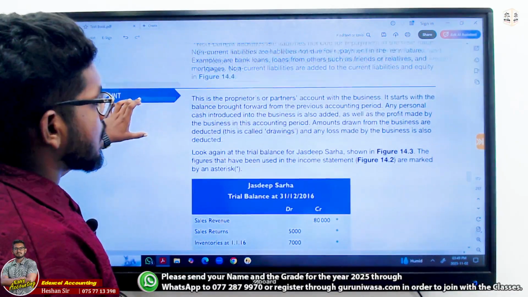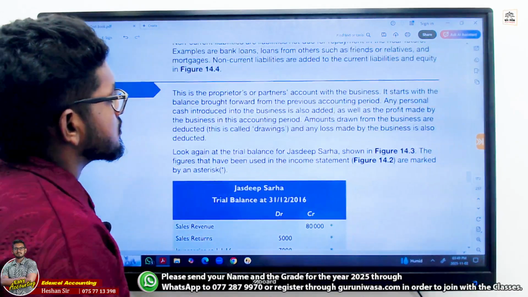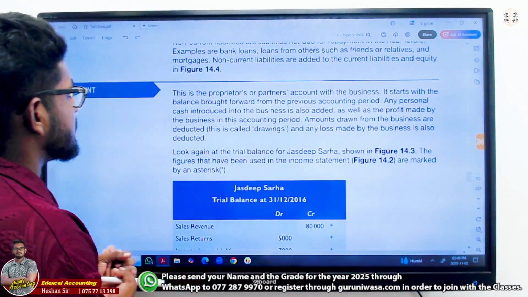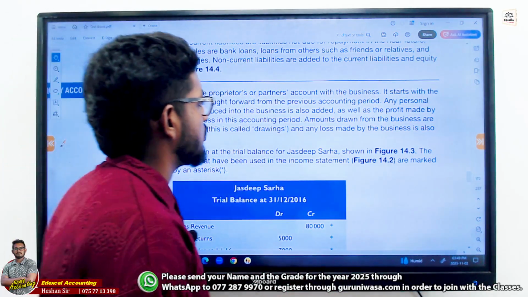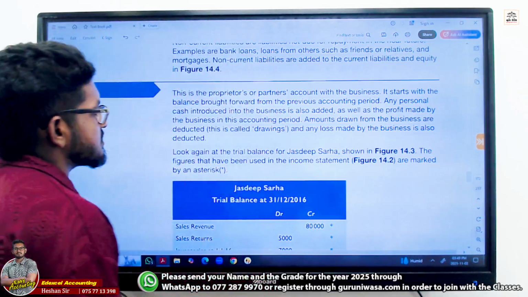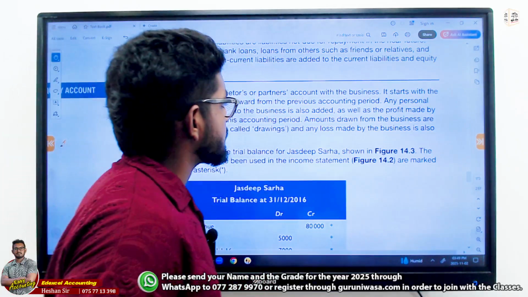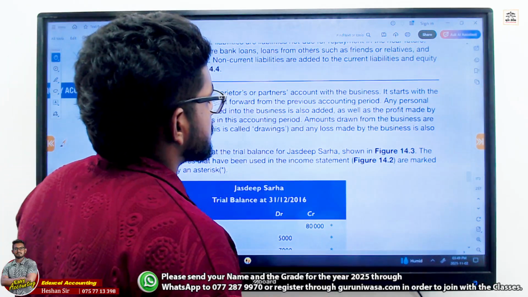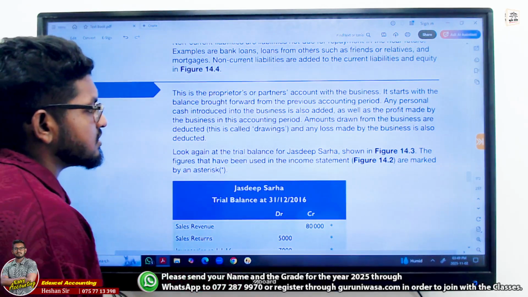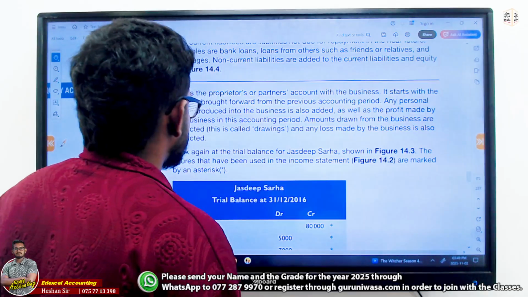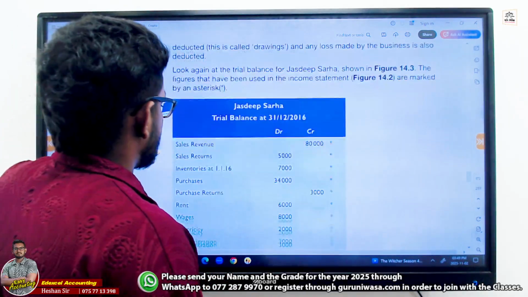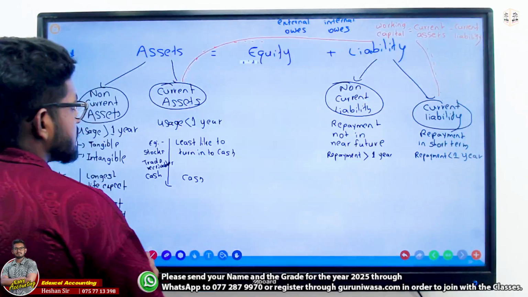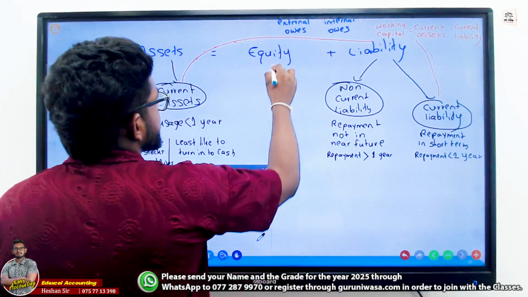So the equity account, if the proprietors or the partners account with the business, starts with the balance brought forward from the previous accounting period. Any personal cash introduced into the business is added, as well as profit made by the business in this accounting period. Amounts drawn from the business are deducted, or any losses made by the business are also deducted. It's like this. First, we take the opening equity or the capital.